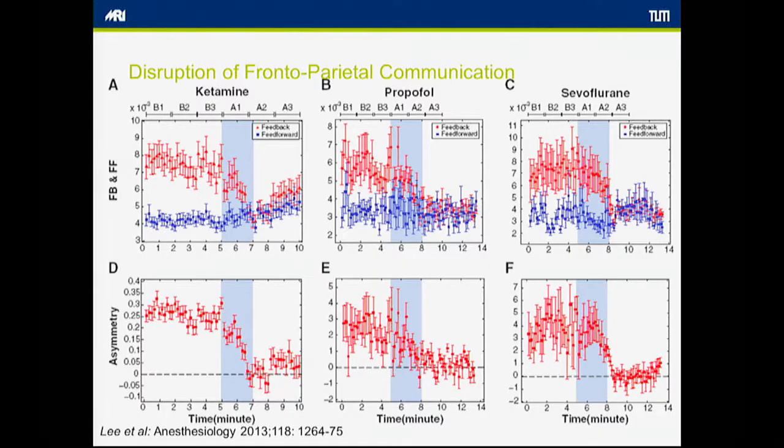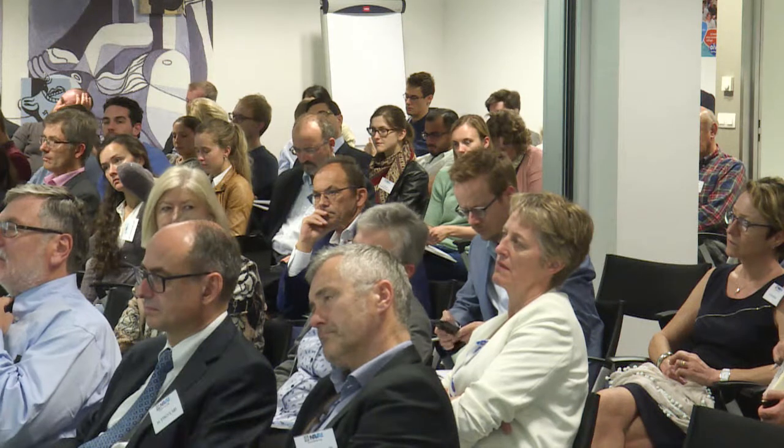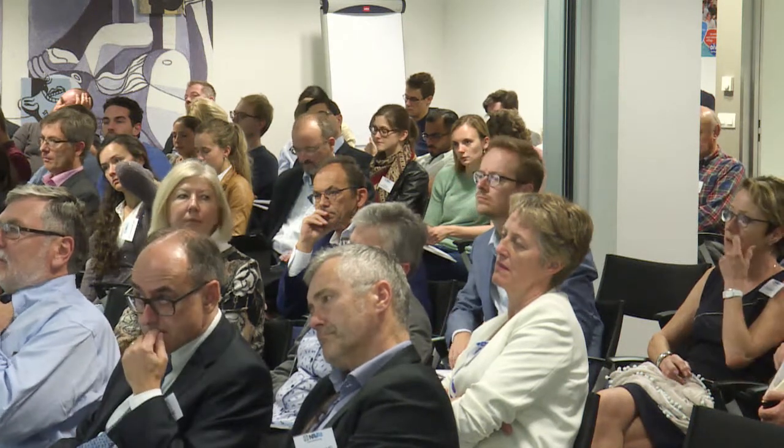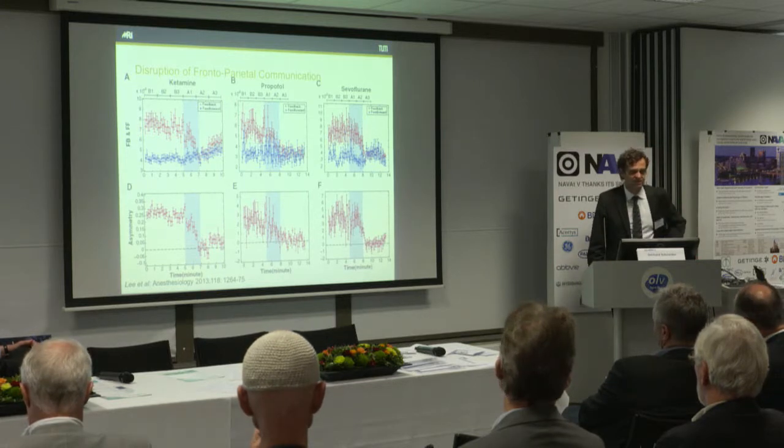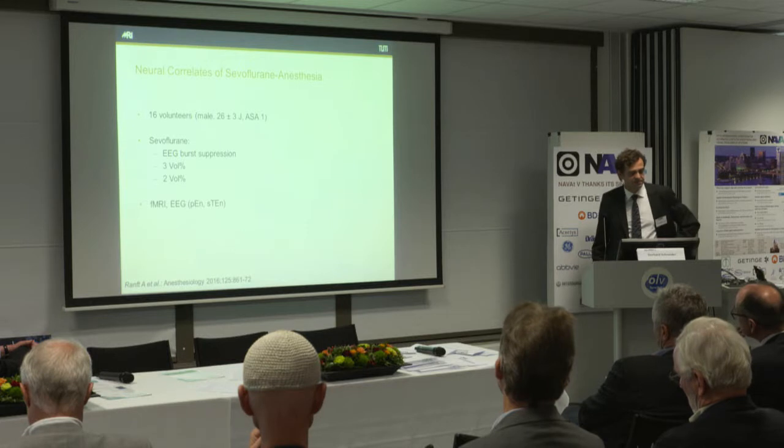And there is this dramatic decrease of feedback activity no matter whether it's ketamine, propofol, or sevoflurane. So it's a common feature: even if the frequency characteristics of the EEG are entirely different, the information transfer is very similar, or rather the change in information transfer during loss of consciousness.